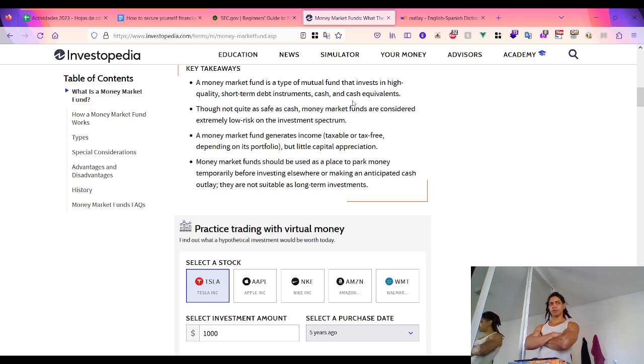So this money market fund, according to Wikipedia, should be used as a place to park money temporarily before investing elsewhere or making an anticipated cash outlay. So these debt-based financial instruments invest in bank acceptance, short-term debt issued from commercial banks, savings or certificate of deposit.